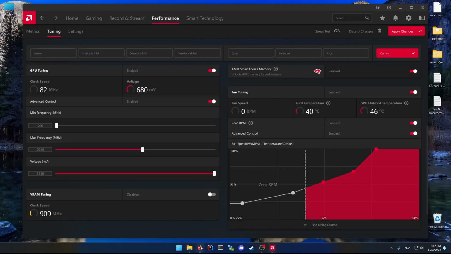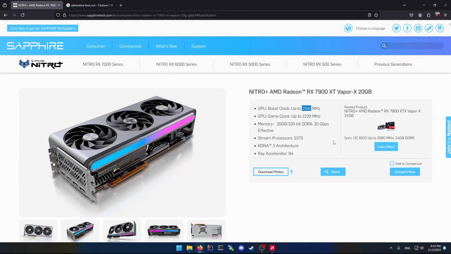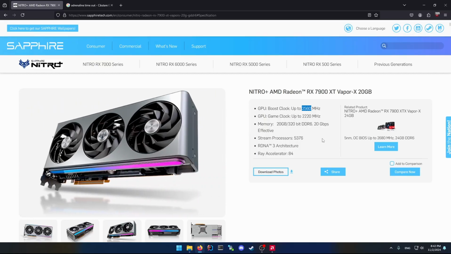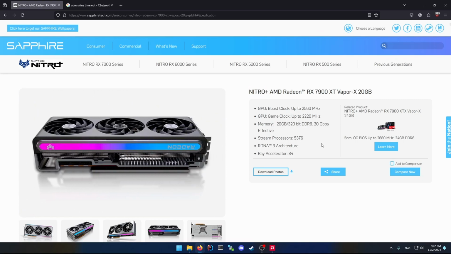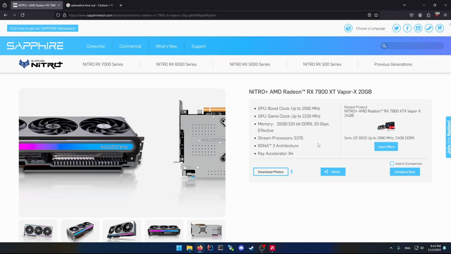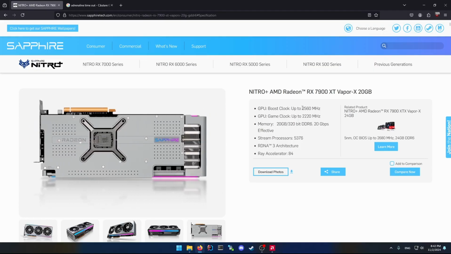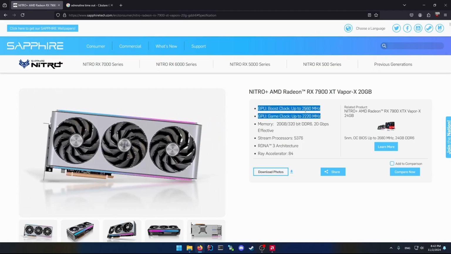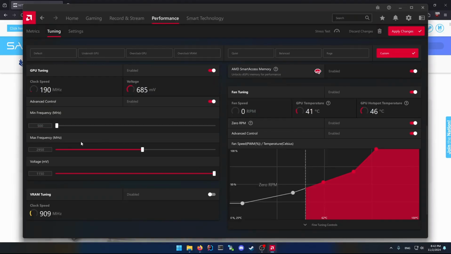Until out of curiosity, I checked out the official AIB's specification page for this GPU. In my case, it's a 7900 XTX, the Nitro Plus version from Sapphire. And I looked up the boost clock and the game clock. And like you probably noticed now on the first site, these numbers are much smaller, much smaller than what we have on the max frequency.